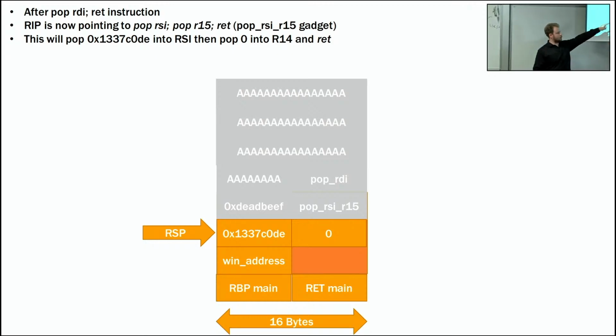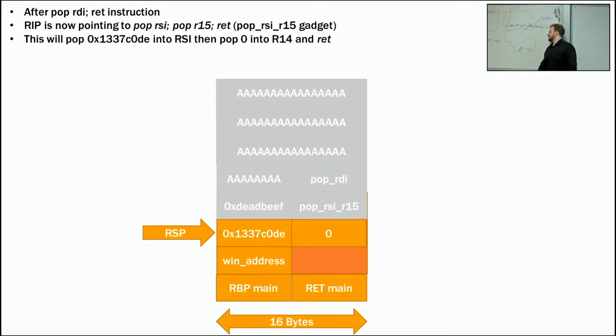Why is this 0 there? Why can't there be the win address right after the leet code? Why is there a 0 between? Exactly. Because we have pop RSI and then pop R15, and only then return. But why do we pop both? If somebody knows.